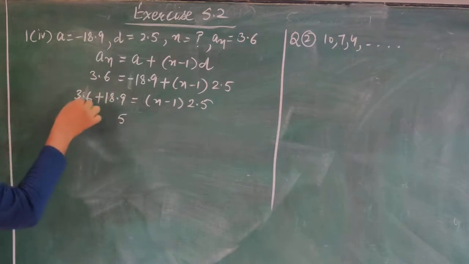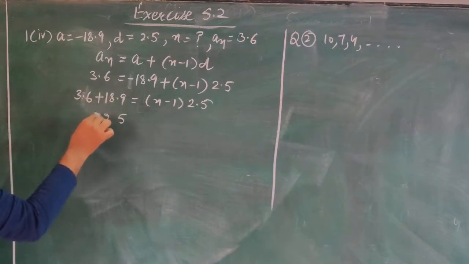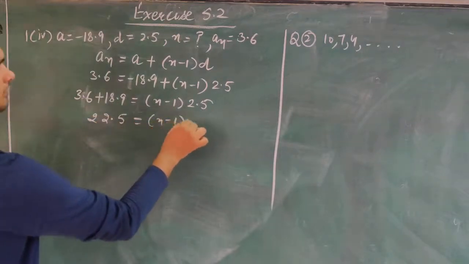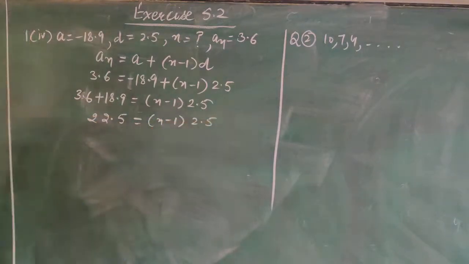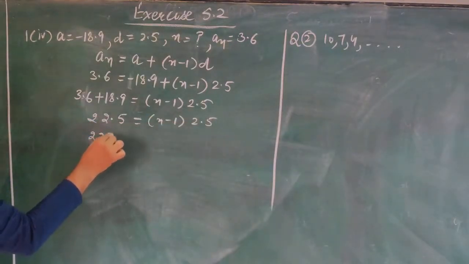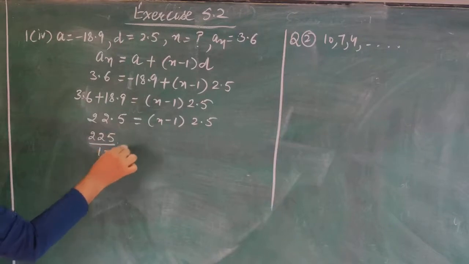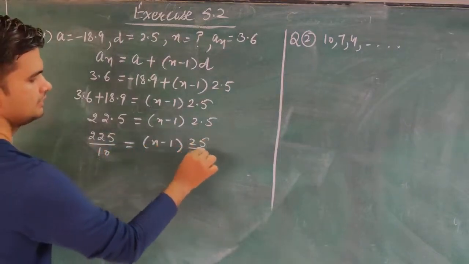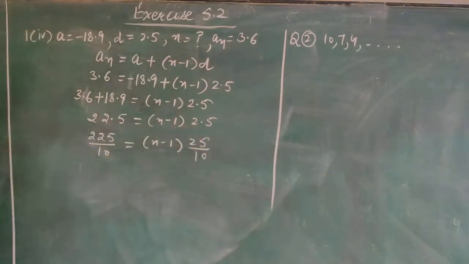It will become 22.5 is equal to N minus 1 into 2.5. Now this 22.5 can be written as 225 by 10. I am making your calculation easier. This 2.5 can be written as 25 by 10.